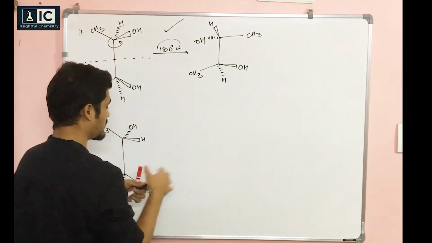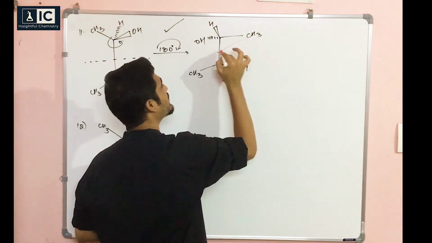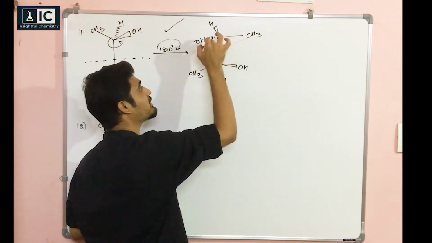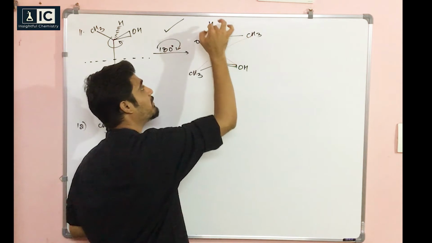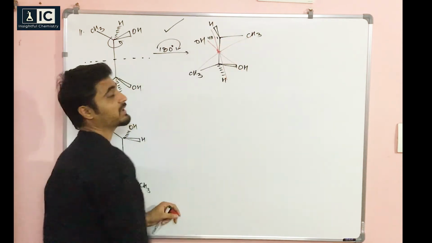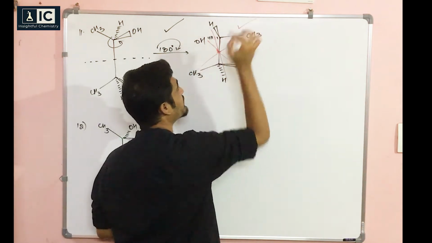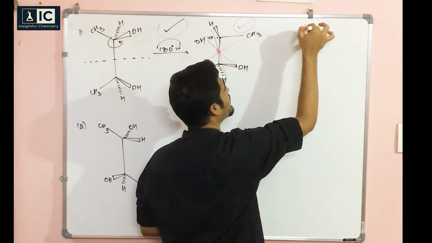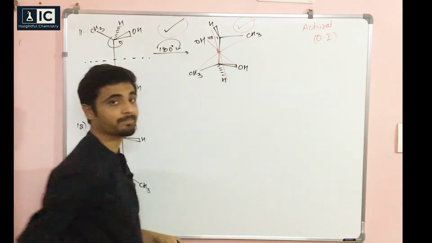Very simple. Now you try to find COS. Here is the center, in plane CH3, CH3, below the plane and above the plane. Similarly, above the plane goes below the plane. So I am getting everything the same. So center of symmetry is also there, both. Therefore it will be achiral or optically inactive.